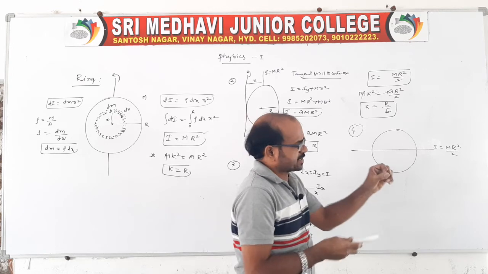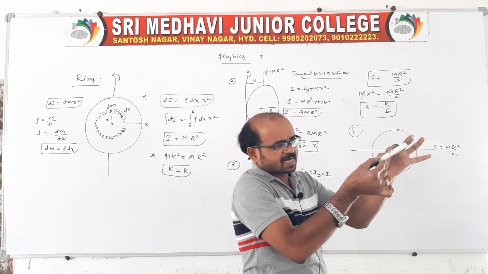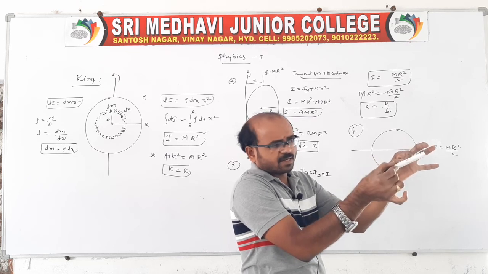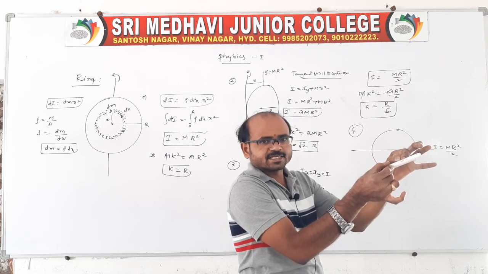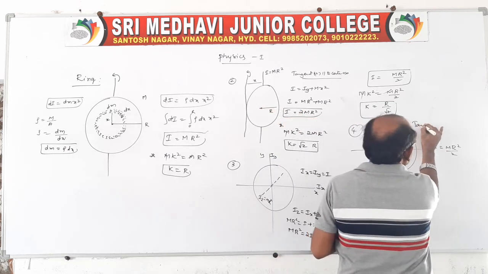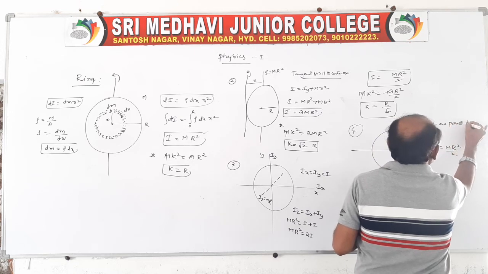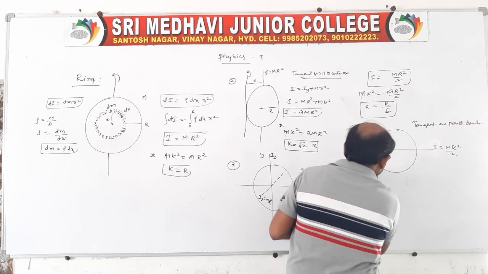Now for this diameter, now the axis is passing like this, not like this. Now the axis is passing parallel to the diameter, which we can also call tangent. Tangent and parallel to the diameter. Therefore, you draw a line like this.